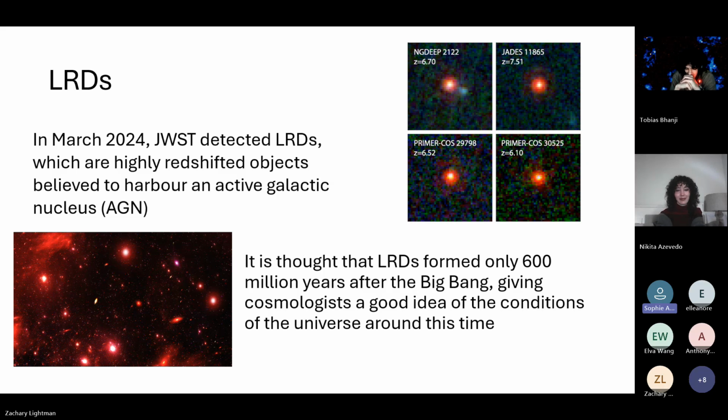Cosmologists think that LRDs only formed 600 million years after the Big Bang. It sounds like a long time, but in the grand scheme of the universe, 600 million years is not that much. So when studying LRDs, we can get an idea of the conditions of the universe around this time, whether it was hot, whether it was cold, that kind of stuff.